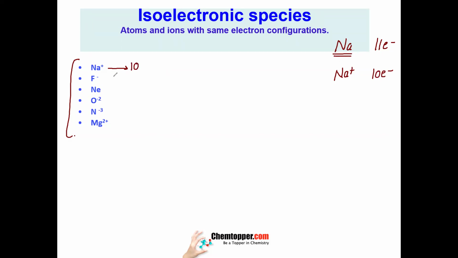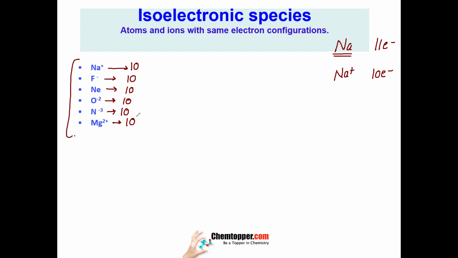10. F minus, neon, O2 minus, N3 minus, Mg2 plus. So what's the configuration? Give me the configuration of these ions. Configuration will be the same because the number of electrons is the same.